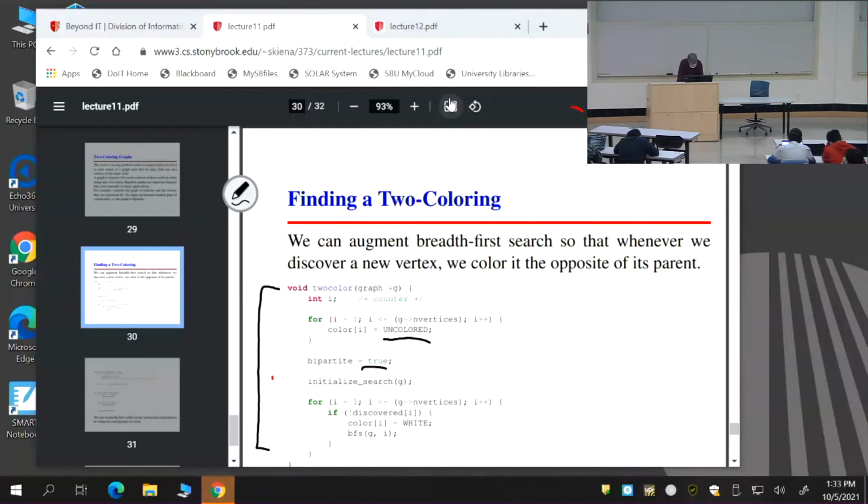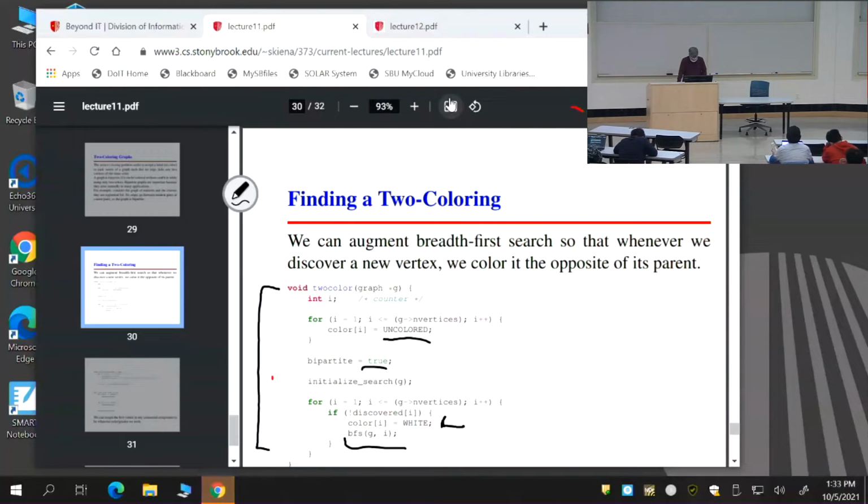We're then going to do a breadth-first search starting from the first vertex. If it's not been discovered yet, that means we haven't given it a color. Let's color it white, and then do a breadth-first search to color everything that is reachable from it.